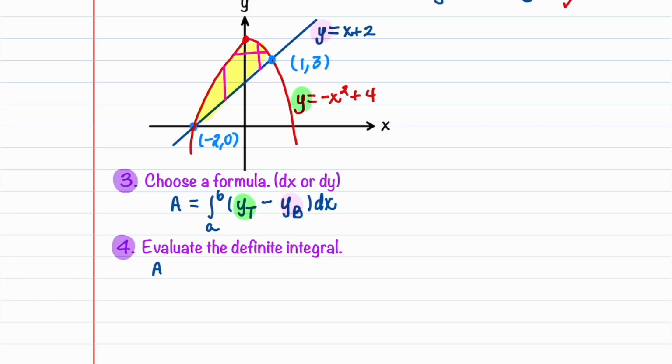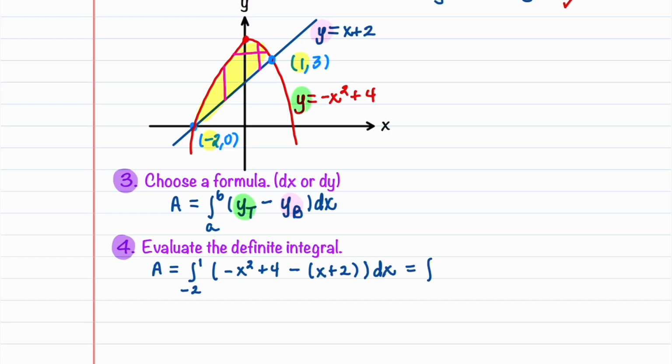Our area is the integral from x is equal to -2 to x is equal to 1. Our curve on the top, which is minus x squared plus 4, minus our curve on the bottom, which is x plus 2. And then we have our dx.